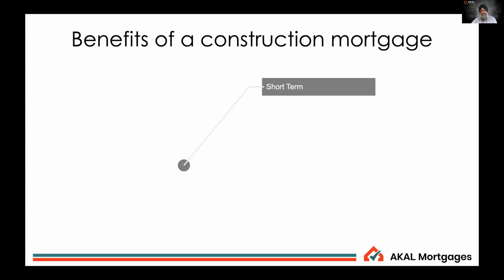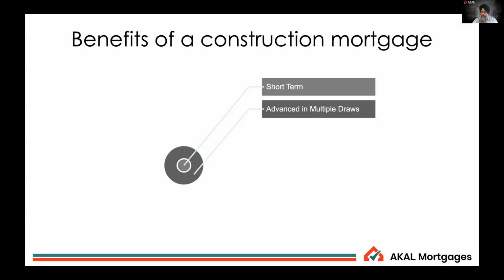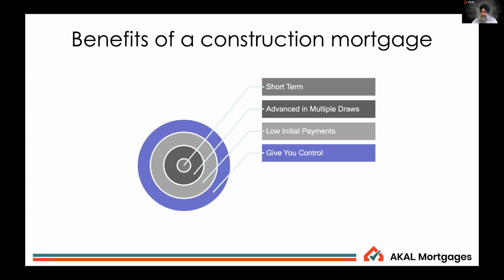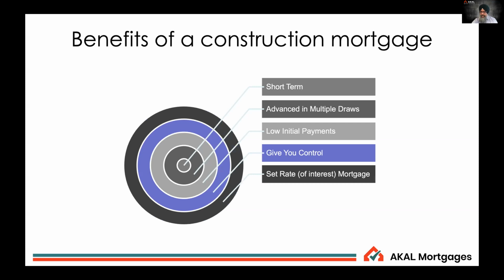Now, as I talk about the benefits of a construction mortgage, especially when we are talking about not alternative lenders but mortgage investment corporations, those lenders who specialize in construction and not the big banks. It's a short-term loan, it's advanced in multiple draws, it has low initial payments, and I am sure lenders are going to touch on these payments and give you control and a set rate of interest in advance.